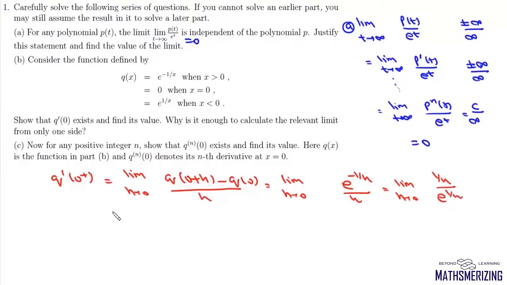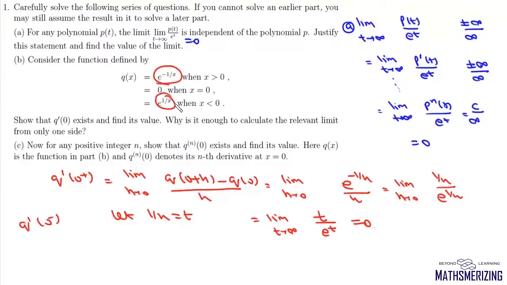Now what we will do is, we let 1 by h as t, then we can write this as limit t tends to infinite t upon e to the power t, which is of the form p of t upon e to the power t, and we know that this limit is equal to 0. So q dash 0 positive is 0. Now we need not calculate q dash 0 negative, as this given function is an even function.